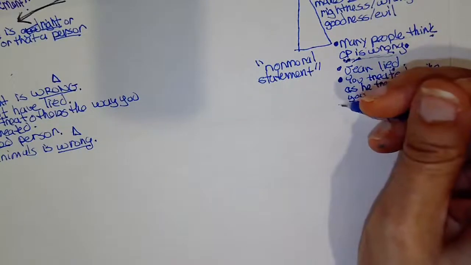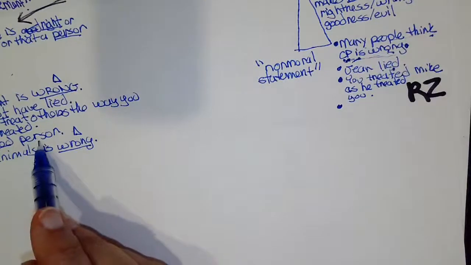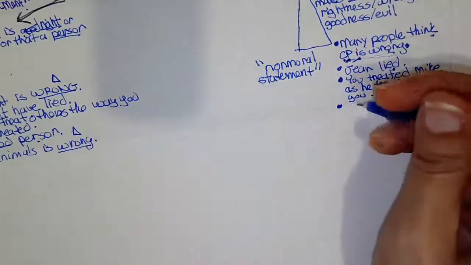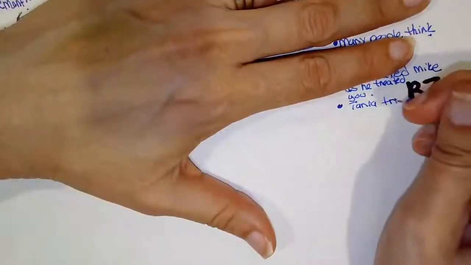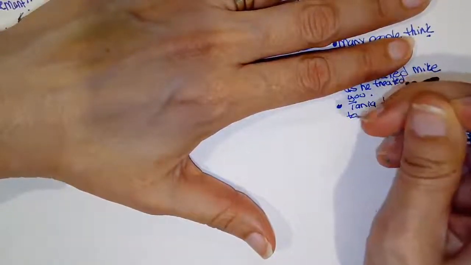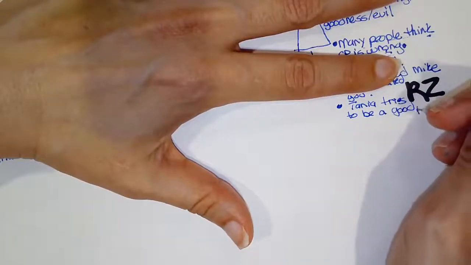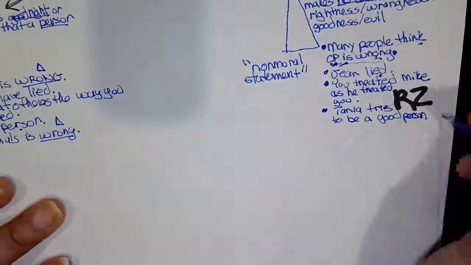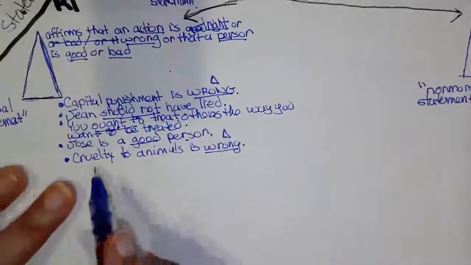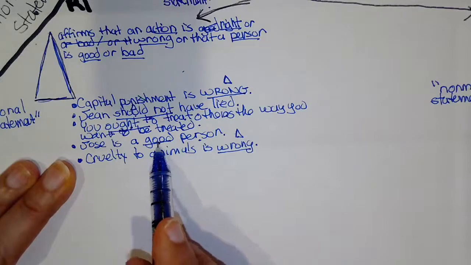Okay, and then finally, or two more examples. Jose is a good person. Compare that to Tanya tries to be a good person. Okay, so again, here we see that goodness is definitely being assigned to who?